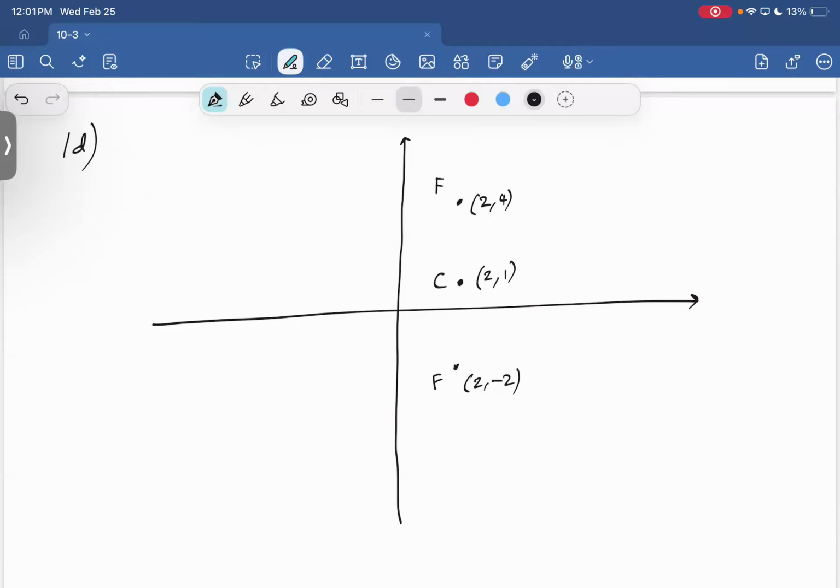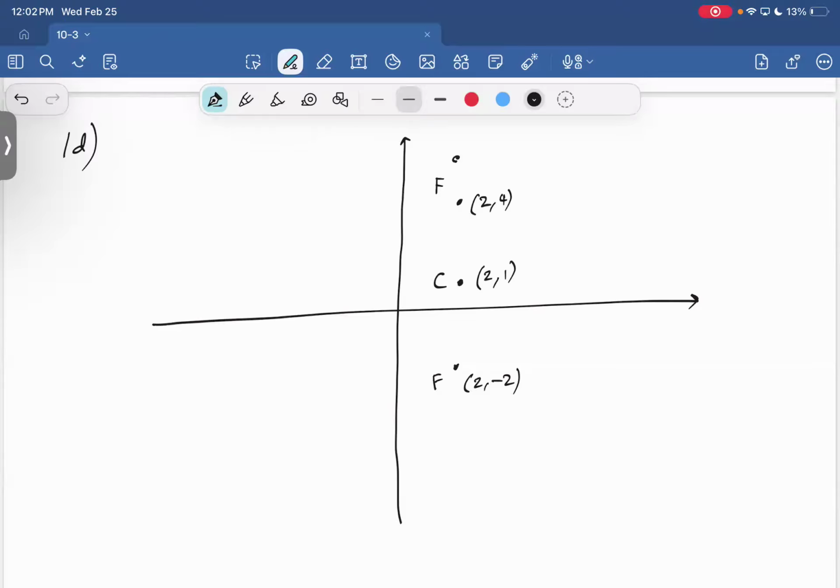But what direction would the semi-major axis go in? Yeah, the foci are oriented vertically, and so that means that the semi-major axis must also go up and down. Okay?